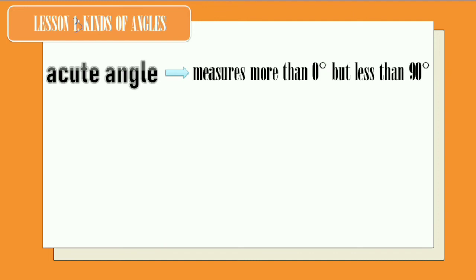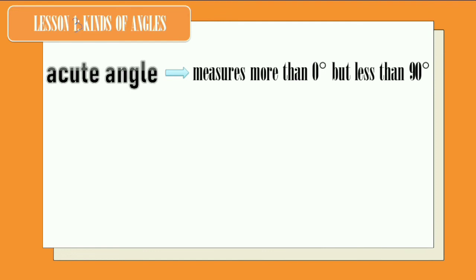Now, let's have the kinds of angles. First is an acute angle. Ayan, acute angle. Measures more than 0 degrees but less than 90 degrees. So, ito yung degree symbol.